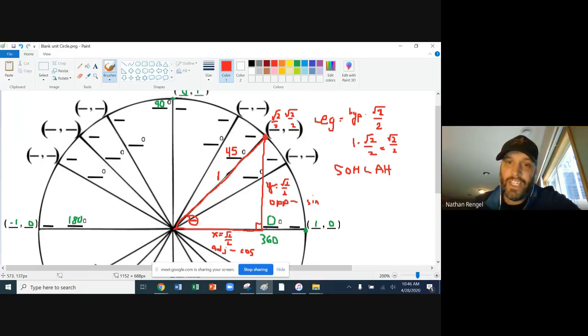Now, to start completing the rest of the unit circle, we're going to use reflections. So this 45-degree angle, if I connect over to this point, just going straight across, that's just a reflection across my y-axis. And all that's going to happen is when I go from this point in the first quadrant over to this point in the second quadrant, my x coordinate is going to change to its opposite.